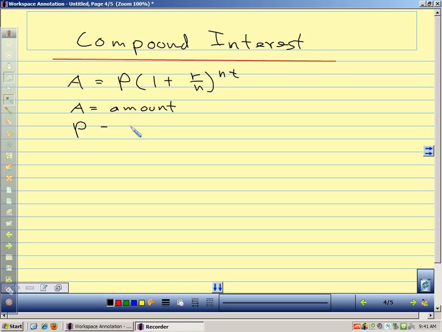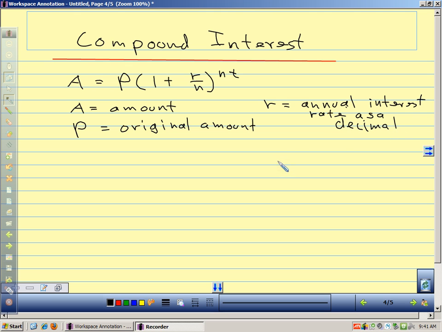P is our original amount. r is the annual interest rate, as a decimal. n is our compounding periods per year.